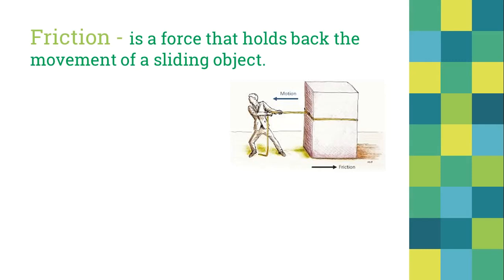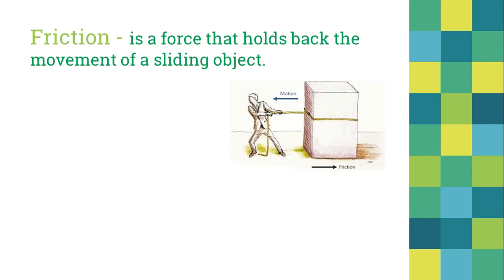So there was a concept that we just mentioned right there, which is friction. This is another concept that we worked on early this year. And as we might remember, friction is the force that holds back the movement of a sliding object. That means that the two objects should be touching each other for you to have friction.